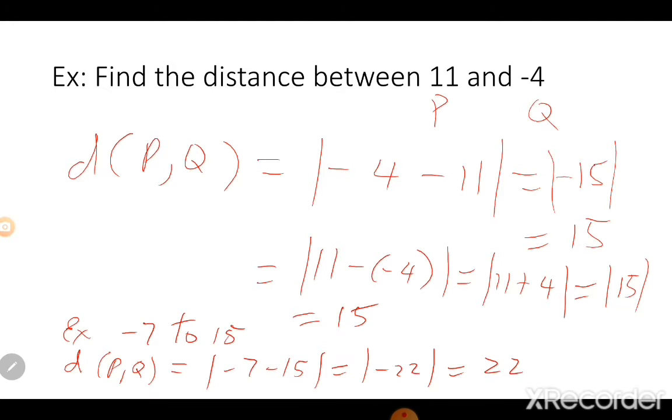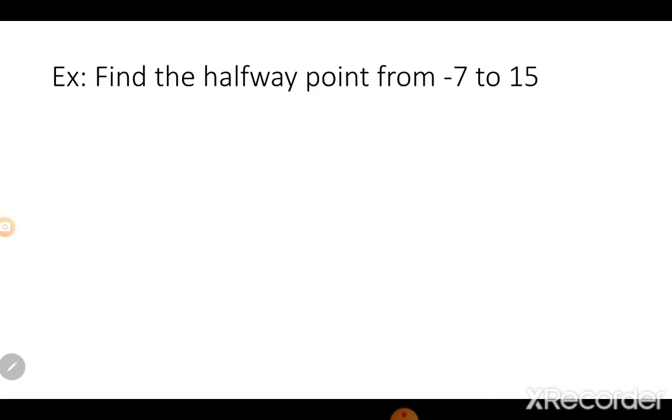Okay, let's look at another example. So in this example, we want the halfway point between minus 7 and 15. So we just saw already that the distance from minus 7 to 15 was 22.